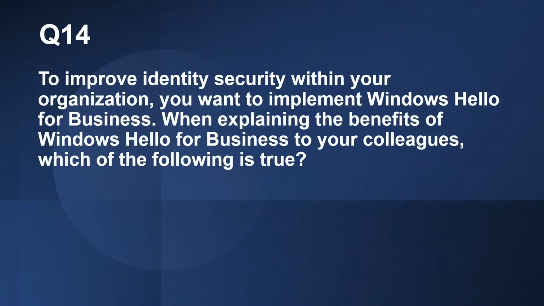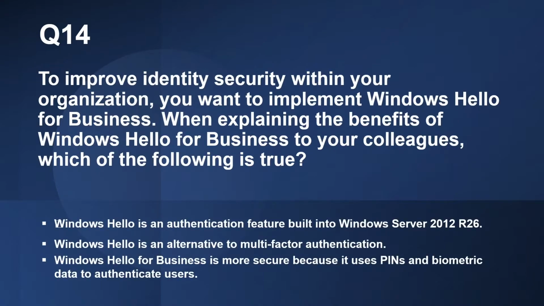Let us look into question number 14. To improve identity security within your organization, you want to implement Windows Hello for Business. When explaining the benefits of Windows Hello for Business to your colleagues, which of the following is true? Let's look at the options. Windows Hello is an authentication feature built into Windows Server 2012 R2.